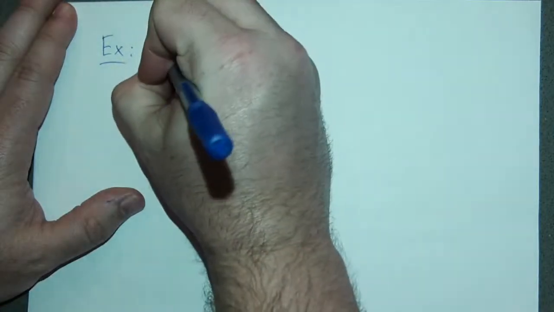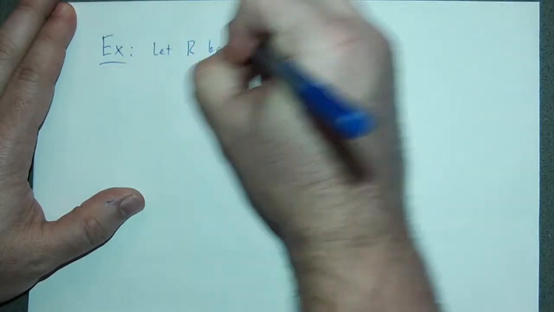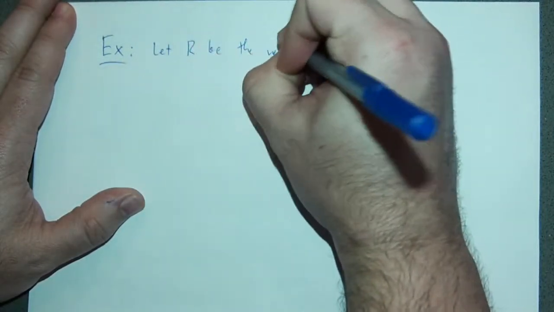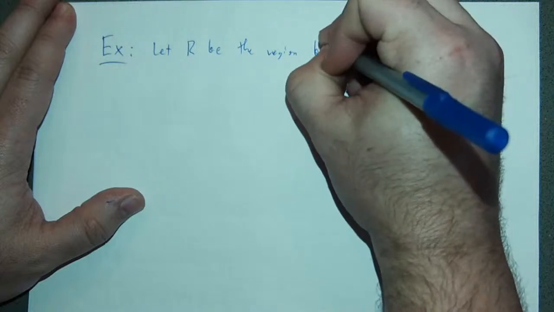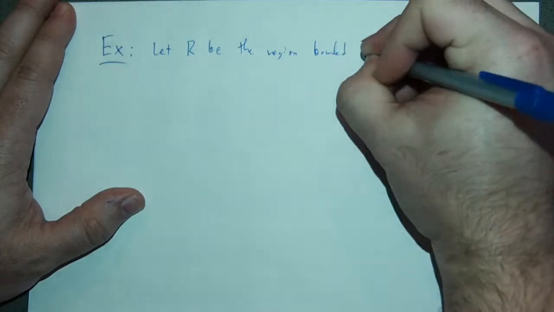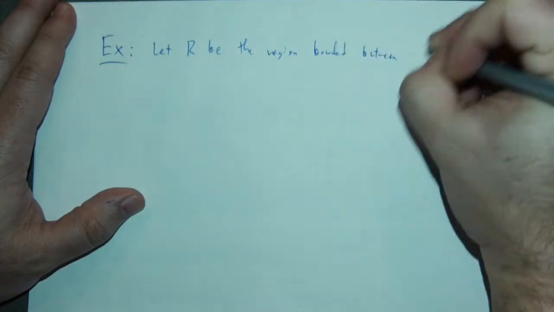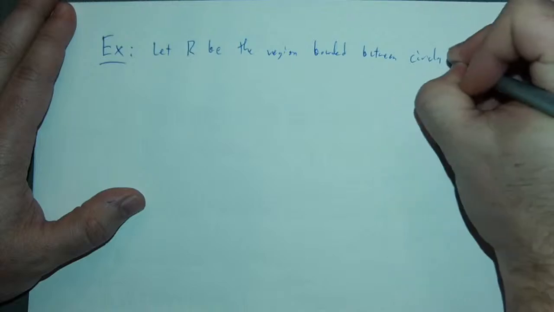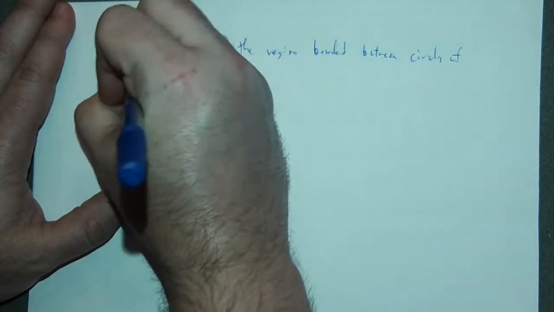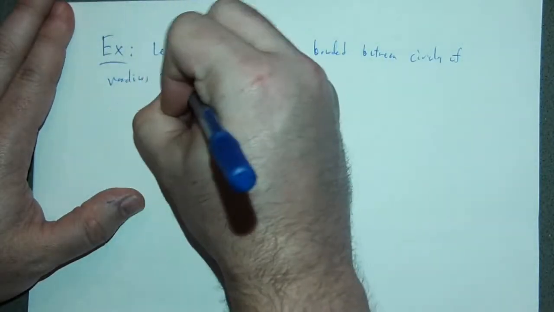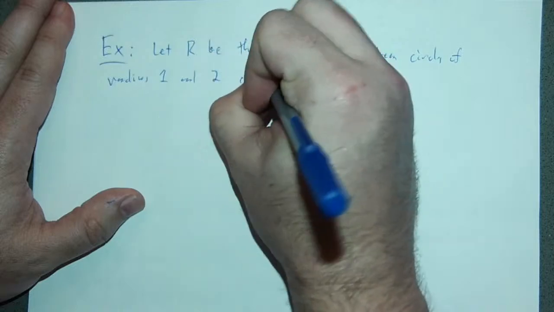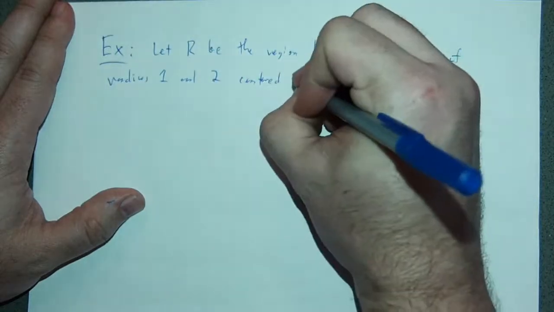Let R be the region bounded between circles of radius 1 and 2 centered at the origin.